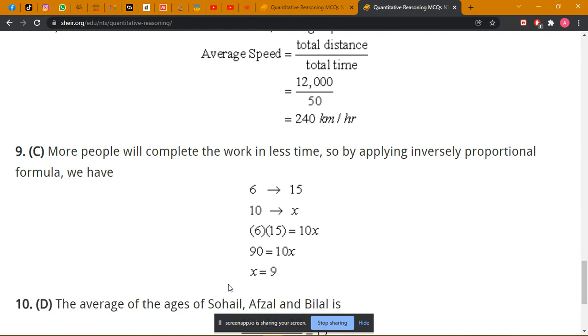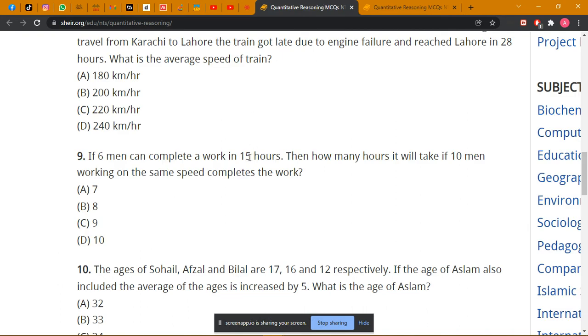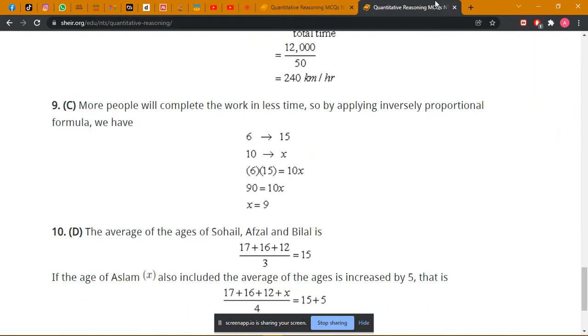As you can see the explanation here, the number of men is 6 and the time taken is 15 hours. When the number of men is 10, how much time will be taken? By applying the inverse proportion rule, you have to simply multiply 6 by 15 and 10 by x.